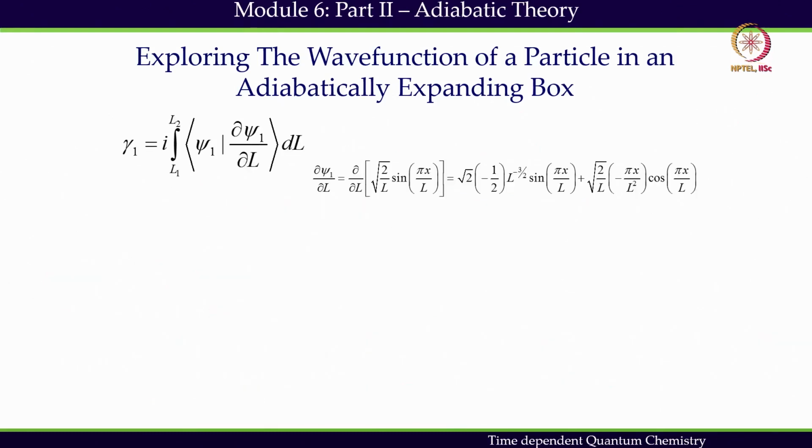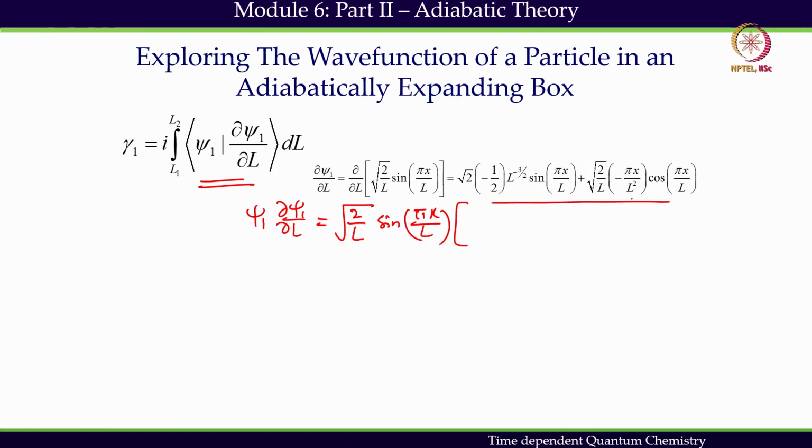So we get this first derivative with respect to L of this function, and once we get the first derivative, I have to multiply now by psi 1. So if I want to find psi 1 times this partial derivative, this product will give me 2 by L sine pi x by L multiplied by this entire function.